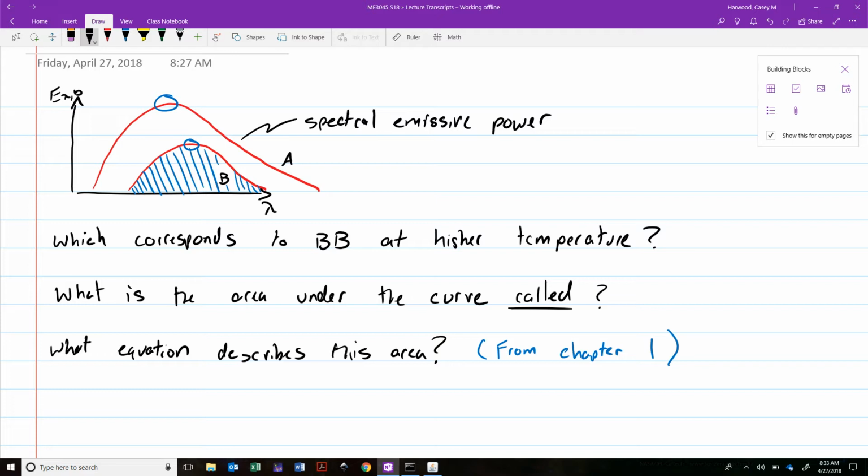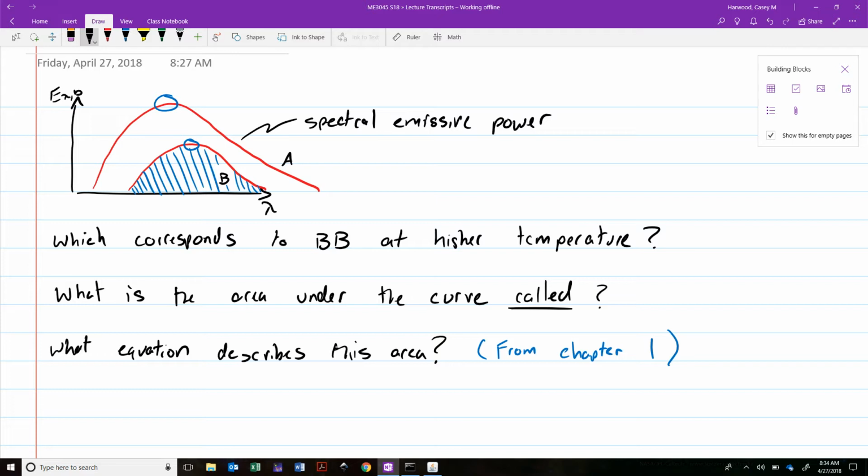Emissive power, emissive intensity, or black body hemispherical intensity. Okay. I made that last one up, so, sort of. Anyway, among those 3, any ring a bell? Emissive power, right. So we have a spectra.